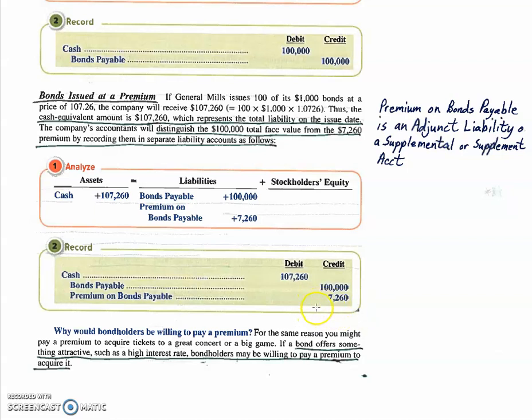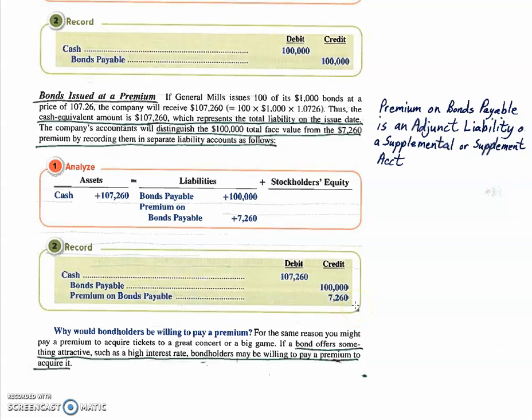Because what's happening with this premium is every time we make an interest payment, part of it is actually interest, and part of it is just refunding to the people that bought the bonds some of the money that they paid, represented by this premium.